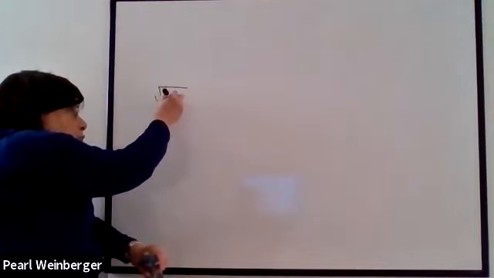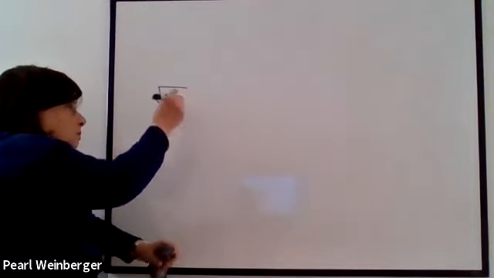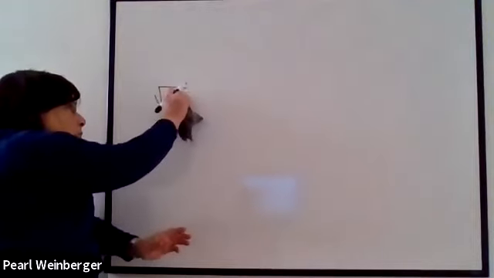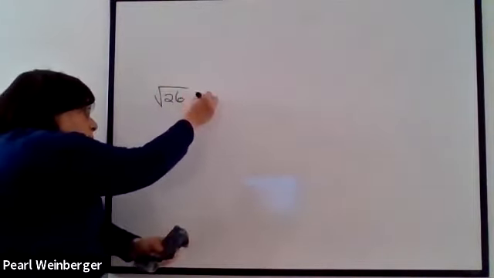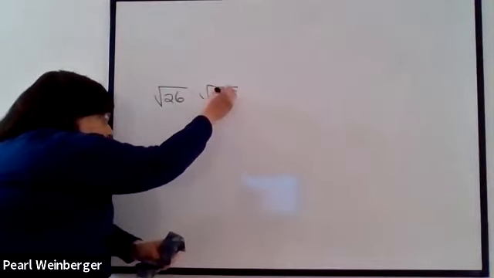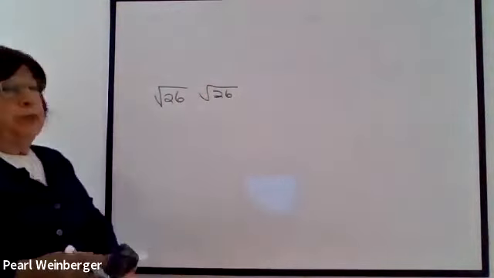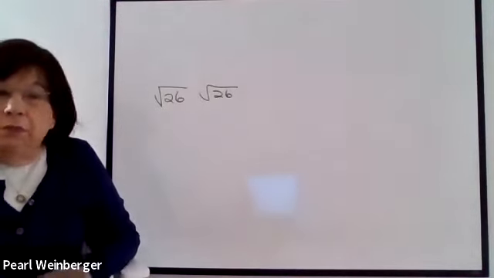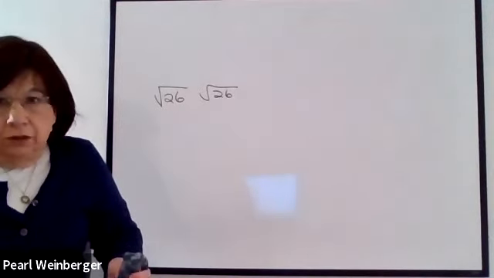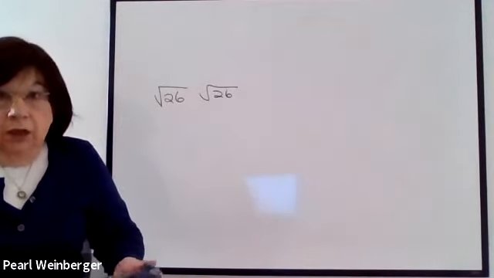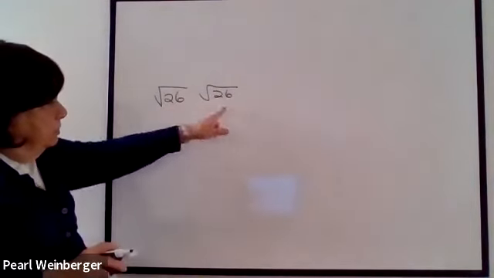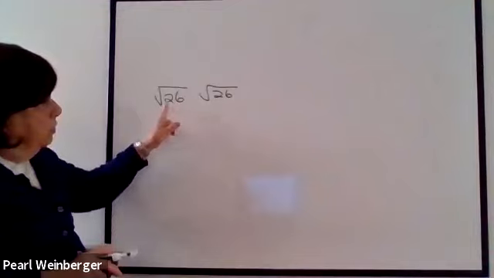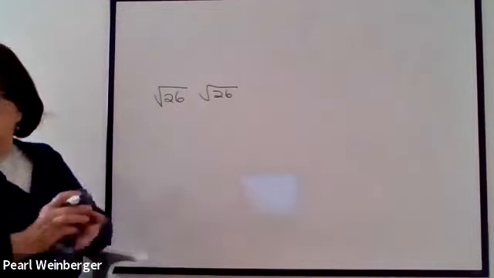One of the shortcuts that we talk about is what happens when you multiply, let's say, the square root of 26 times the square root of 26. In other words, we're multiplying a radical by itself. Now, according to the rule, since these are both numbers inside the radicals, we multiply the 26 times the 26.